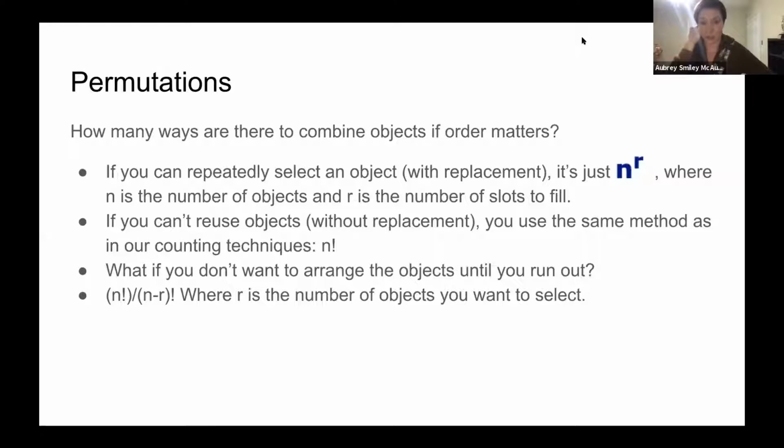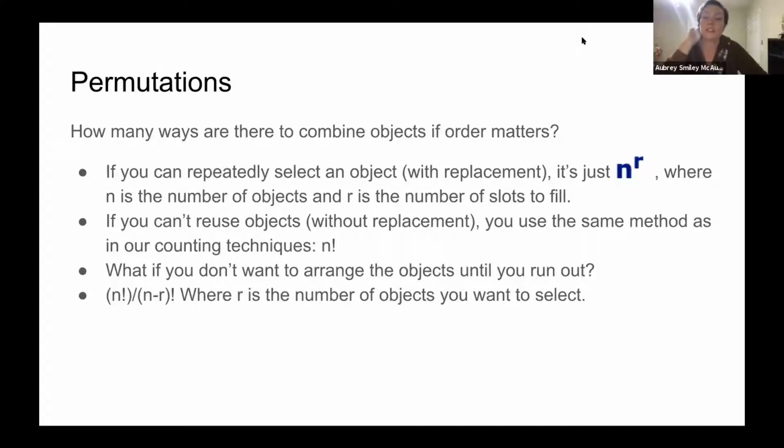So n to the r power. N is your number of objects you're choosing from, and r is the number of slots. And if you can't reuse objects, from here on out called without replacement, then it's just n factorial, because you're subtracting 1 each time.